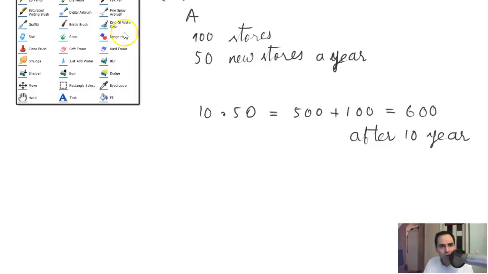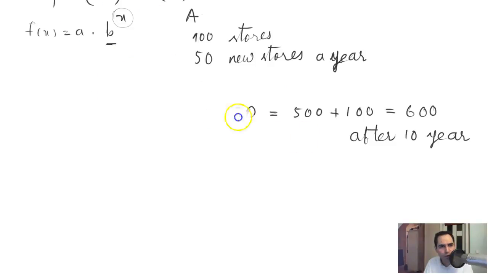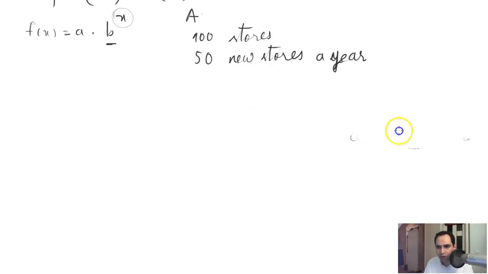In order to write an equation for this, this kind of model is f of x equals mx plus b. So b is always your y-intercept.